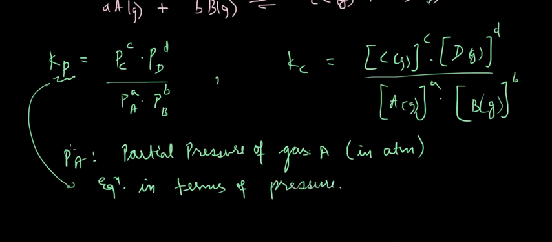Okay, obviously you can extrapolate it for PA, PB, PC and PD. So I'm just writing for PA. So PA means the partial pressure of gas A. Similarly, PB would mean the partial pressure of gas B. Similarly for C and D. So this is the equilibrium constant in terms of pressure. This is in terms of concentration.